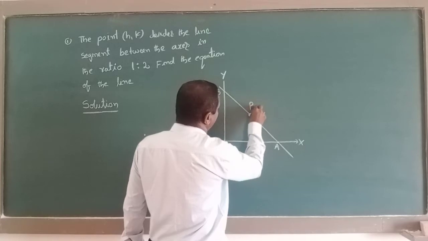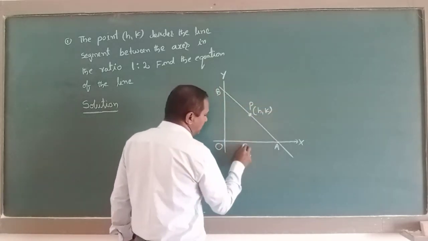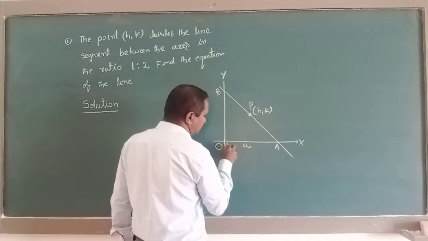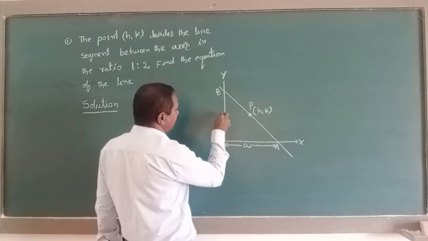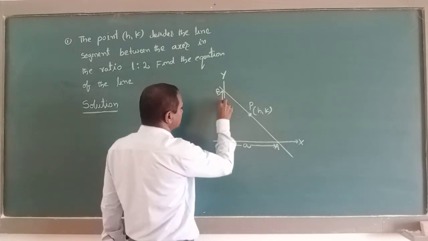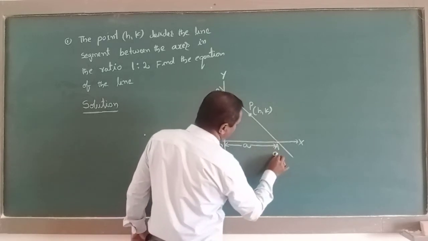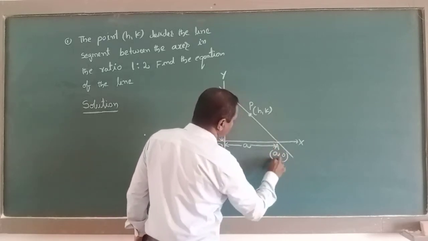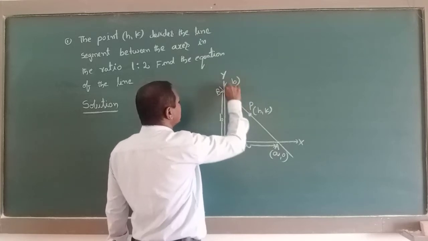Here P is some h comma k. A is the x-intercept and small letter b is the y-intercept. So for A we can write a comma 0, and for B we can write 0 comma b here.